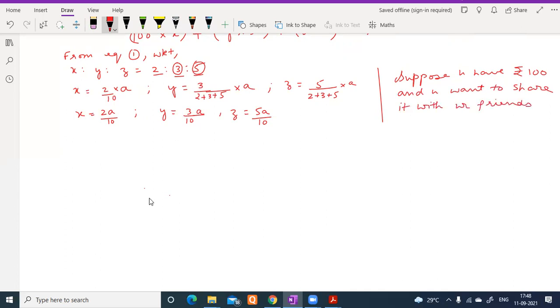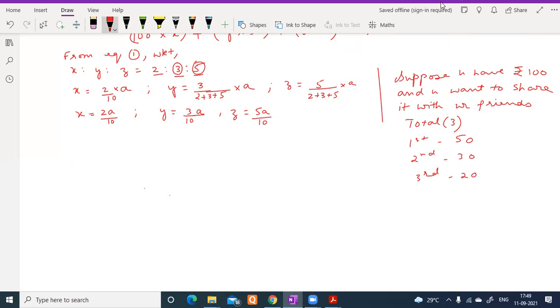So totally there are 3 persons. Total 3. So first one will get 50 rupees. Second will get, let us assume, 30 rupees. Third one will get 20 rupees. Okay. So now if I add all of them, I will get 100, right? 50 plus 30 plus 20, I'll get rupees 100.